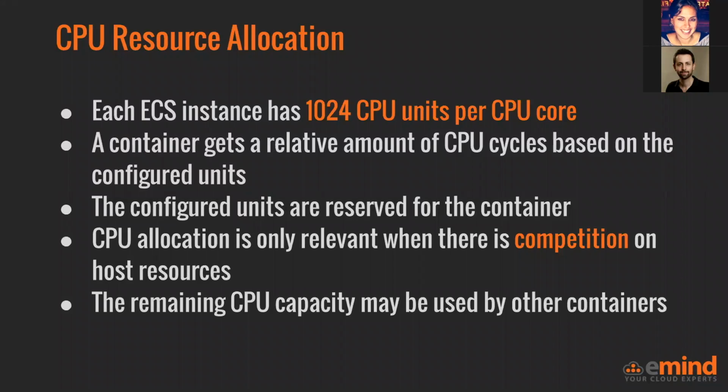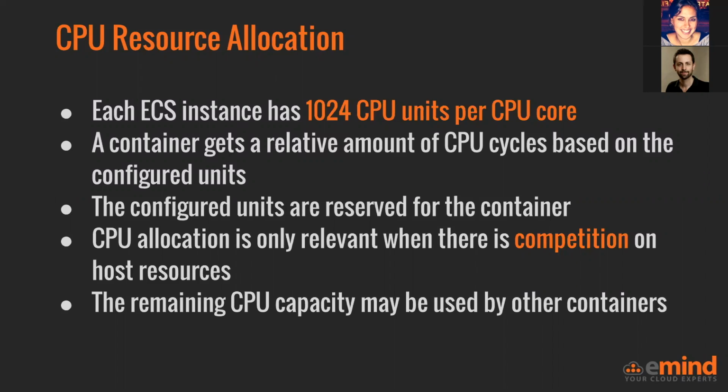The way CPU allocation works is as follows. Each host has 1,024 CPU units per CPU core. Each container gets some shares of the total CPU power based on what you've defined in the task definition. So for example, if a container gets 512 CPU units on an ECS instance with 1 core, it will get at least 50% of the host CPU capacity.